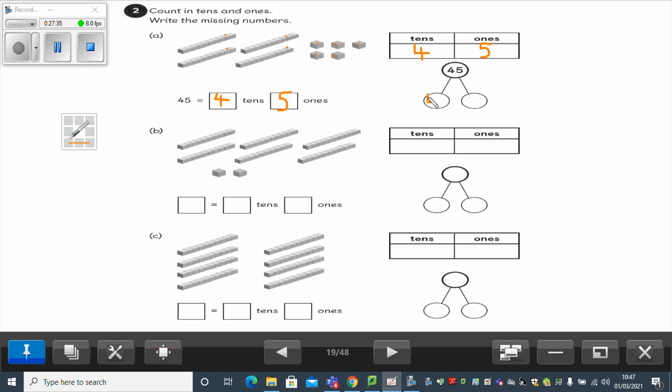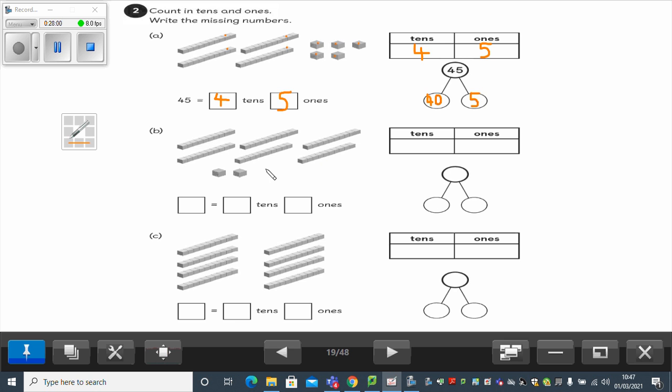So the digit 4 is the 10s, which has a value of 40. Now the digit 5 is the 1s, so that equals 5 altogether. So 40 and 5 make 45. 4 10s and 5 1s.